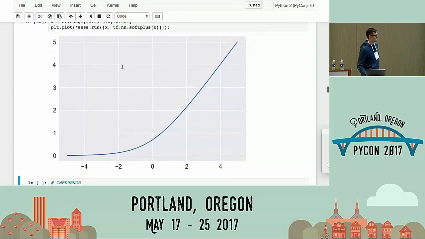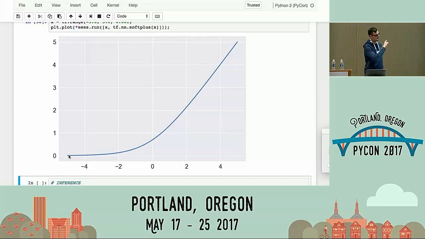This is a plot of the soft plus function. As you can see, for positive values, it is the identity function. So input values match output values, like a 4 is mapped to a 4, a 2 is mapped to 2 and a bit. But then the closer you get to 0, the more it bends. You see, 0 is actually mapped to a positive value, and negative values are mapped to positive values.